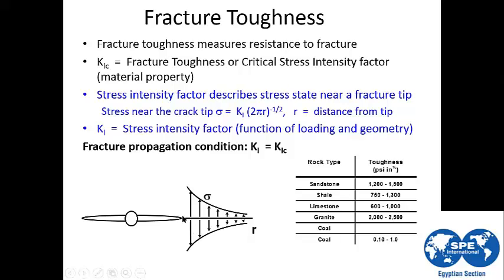If we assume this area is the perforation, the starting point of the fracture, and this is where the fracture has propagated to at the end of the frac, this distance is equal to R.